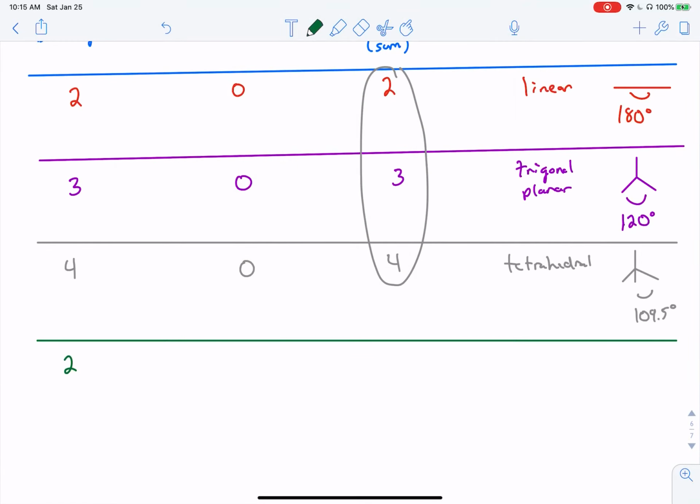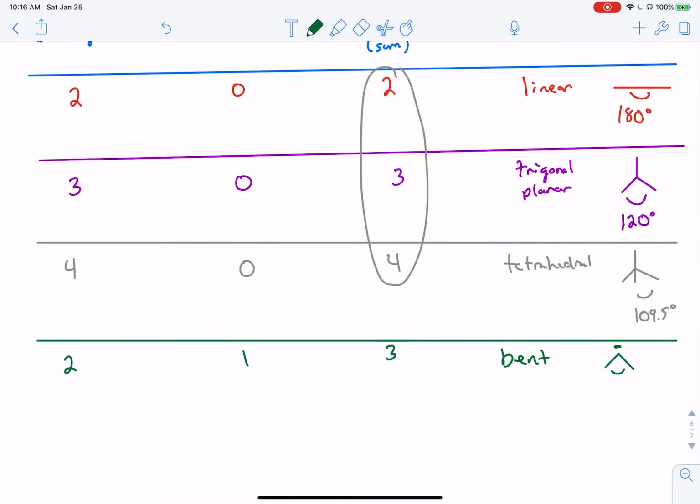Because if you have one lone pair and two bonding centers, you still have three charge centers, which means your electronic geometry is trigonal planar, but your shape is bent because you have that lone pair up here now.